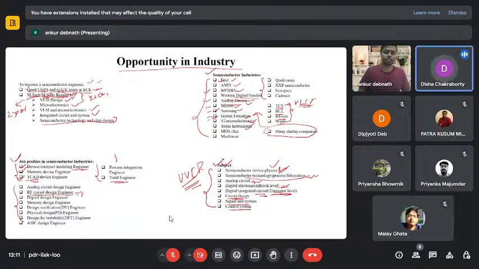Can you please suggest some projects that we as undergraduate students can do for semiconductor devices? Right now I cannot say a specific project, but you can go with your final year project, the analog circuit design. You can do that if you have Cadence or Synopsys tools.